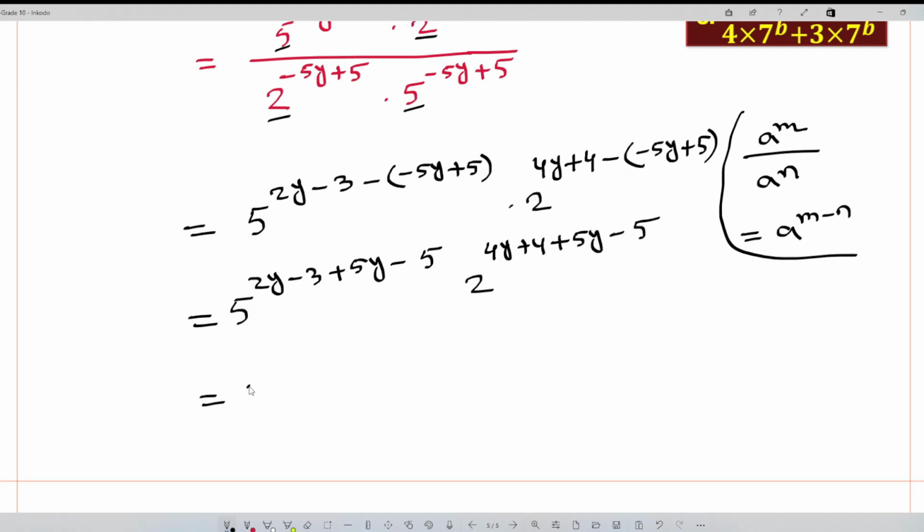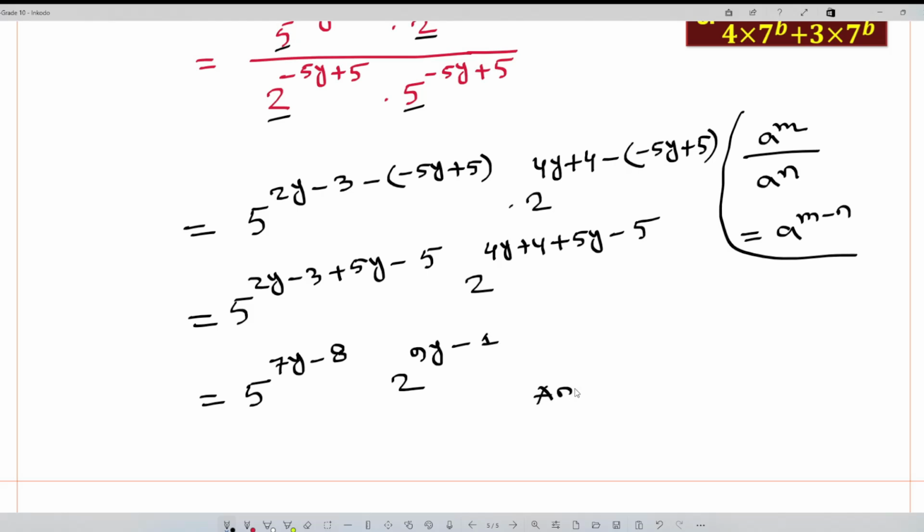Now look, here 5, 2y plus 5y means 7y, minus 3 minus 5 means minus 8, right? Then for 2, 4y plus 5y means 9y, plus 4 minus 5 means minus 1.